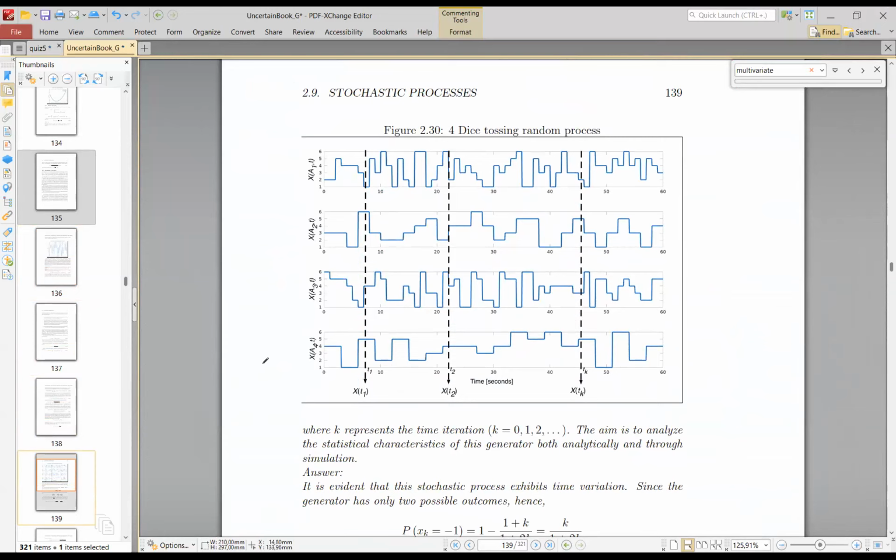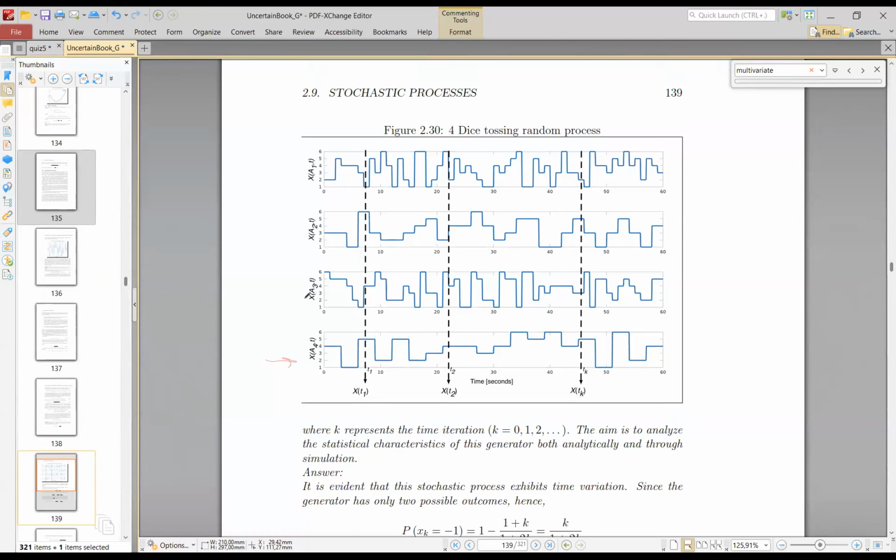For example, if you look at number 4, it is clear that the updating rate is small, maybe 1 hertz or less than 1 hertz.